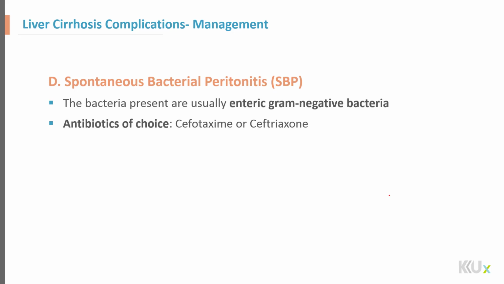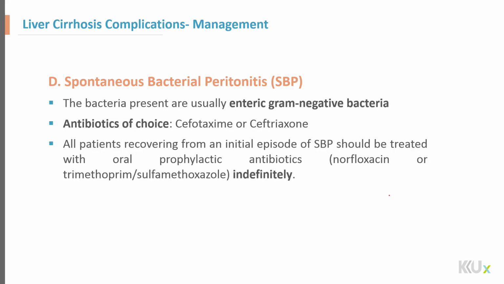As we said, this is normal flora, the enteric gram-negative bacteria that live in the intestine and start to translocate and infect the ascitic fluid. So for the antibiotic of choice, we need gram-negative coverage with a third generation cephalosporin like cefotaxime or ceftriaxone.